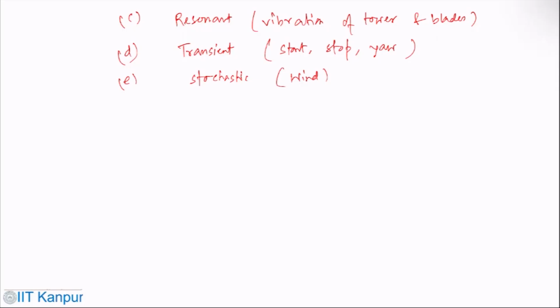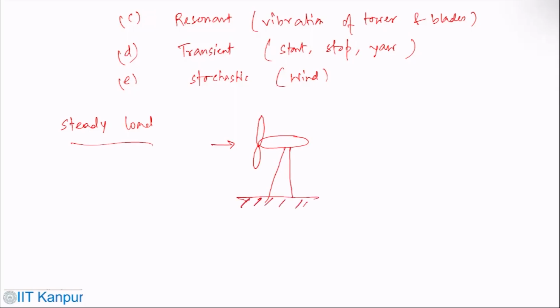So you have different kinds of loads. A simple steady load calculation one can do. Let's say I have this turbine, and then I can have a tower like that.